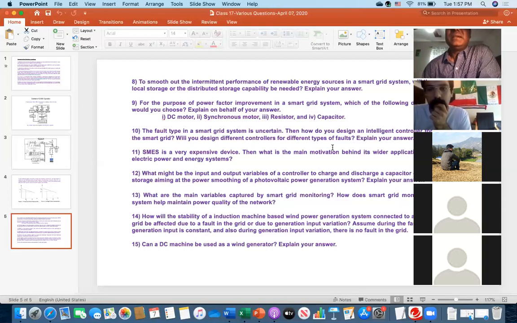Of course, you are right: if you use different parameters, then performance will be the best. But that will be costly. That's why, in order to avoid high cost and high complexity in the control, only the worst case scenario is considered. Okay, doctor. Thank you.